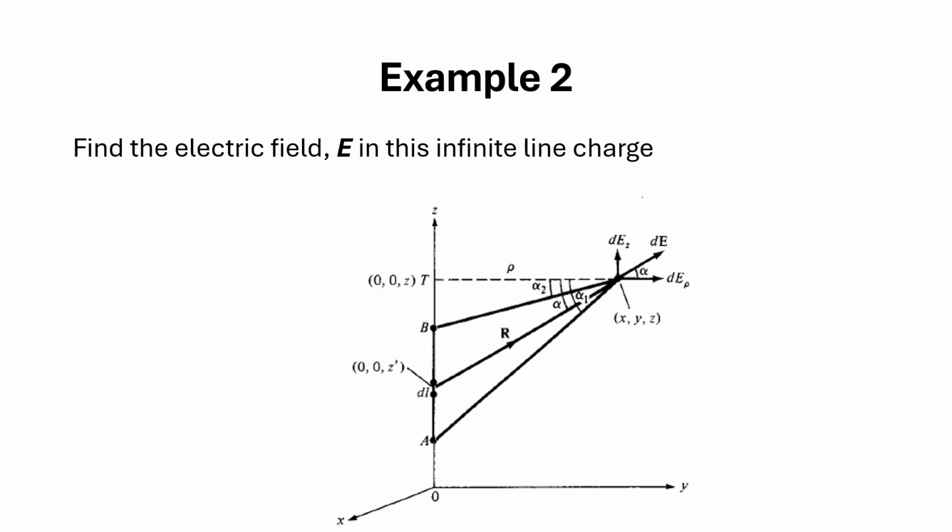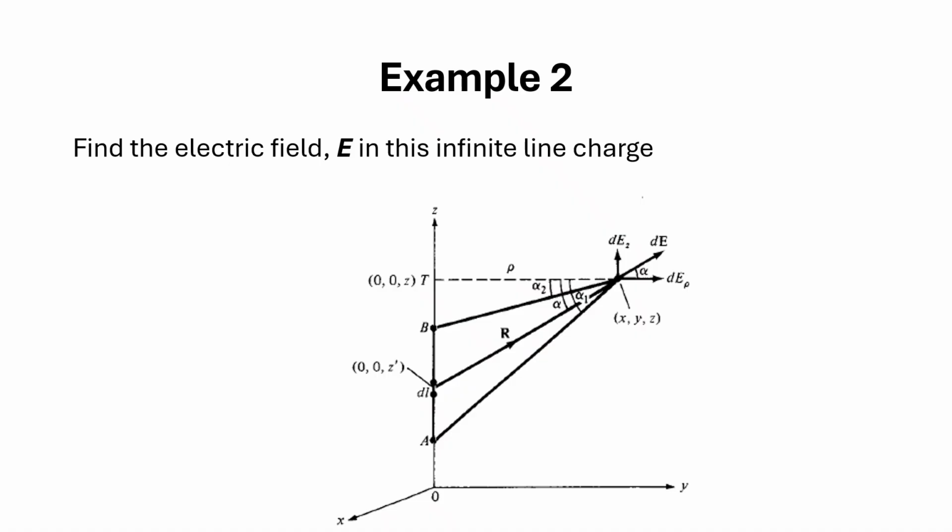We look into the second example. Find the electric field E of this infinite line charge. It's the same concept along this line charge, from point A to point B. You have the coordinate here as 0, 0, z prime, and also the coordinate here as 0, 0, z.